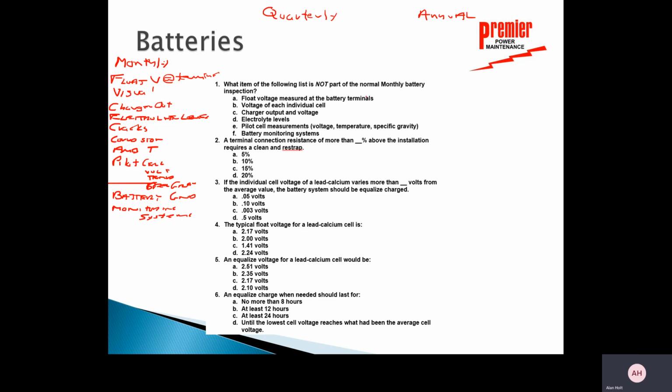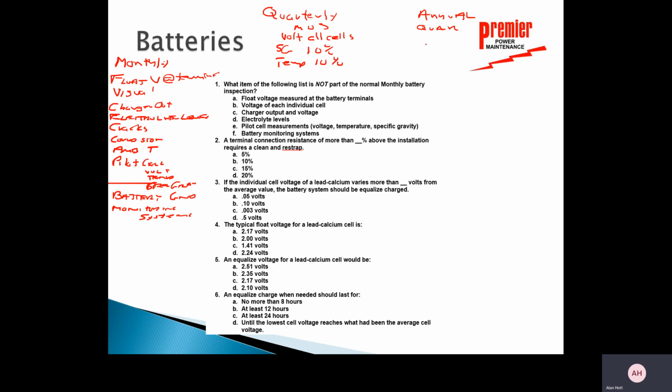Now the quarterly test would be the monthly test, but in addition to that monthly test, we would do the voltage on all cells. And we would do the specific gravity on at least 10%, and the temperature on at least 10%. In an annual, I would do the quarterlies, which includes all the monthlies.